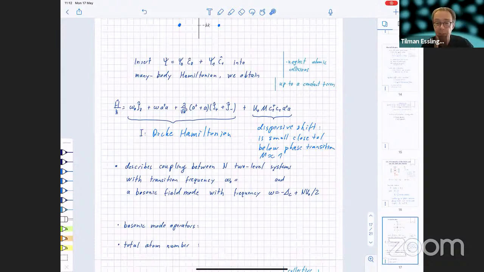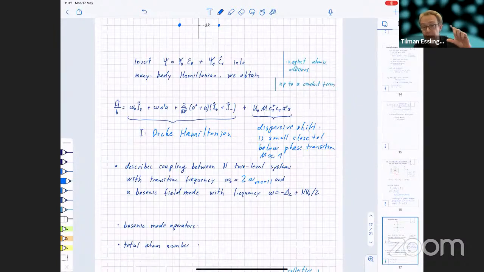They have the same internal state, but they have different external states, and the difference in energy is 2 times the recoil energy.